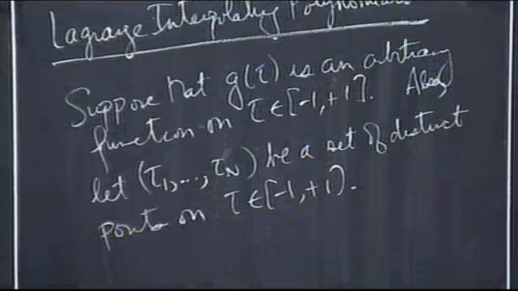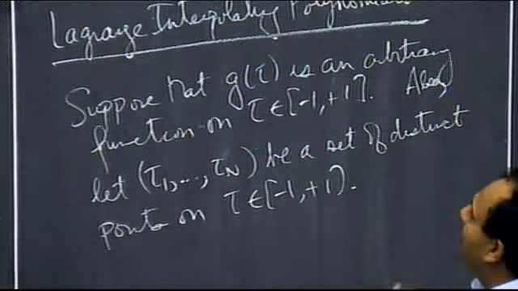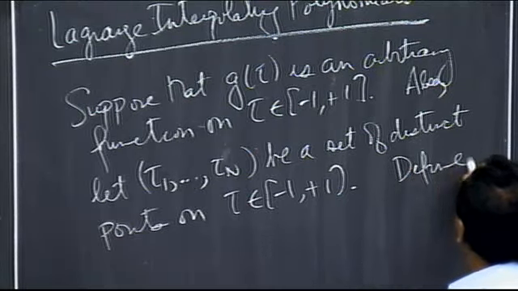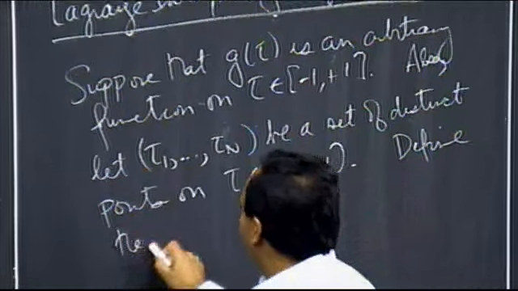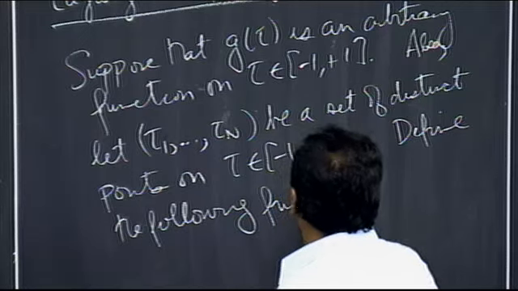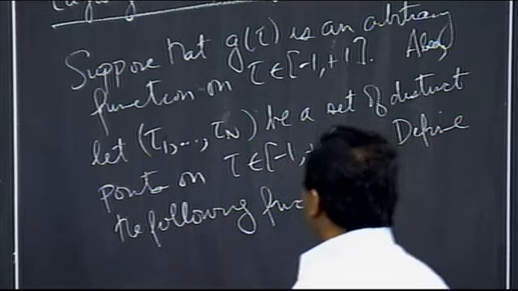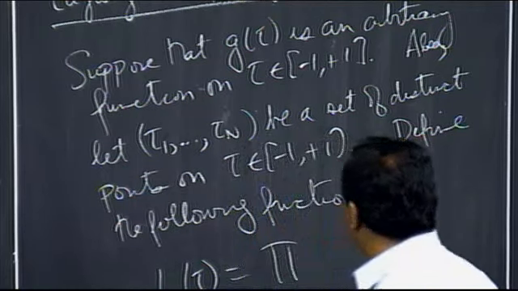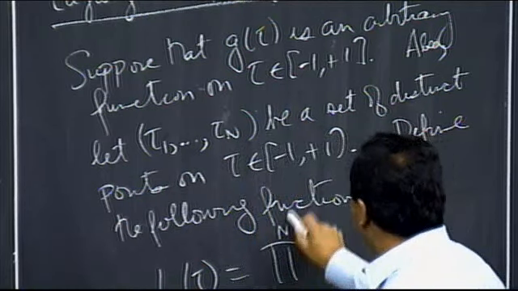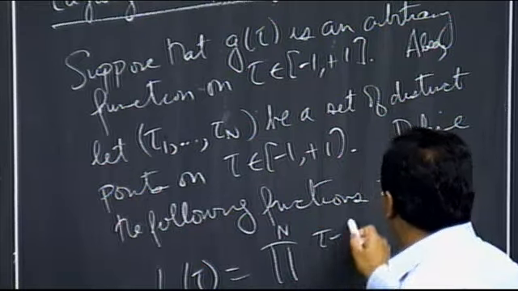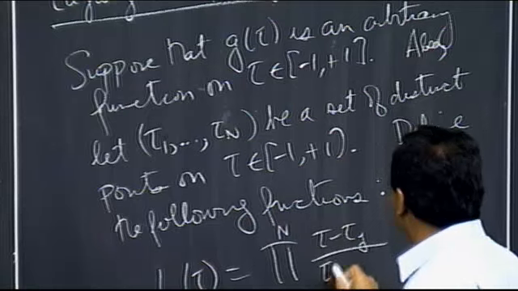Then what we can do is we can define, I'm going to get back to g of tau in just a second, the following set of functions. These functions are Li of tau, which is equal to the product from j equals 1 up to n, where j is not equal to i, of (tau minus tau j), all divided by (tau i minus tau j).